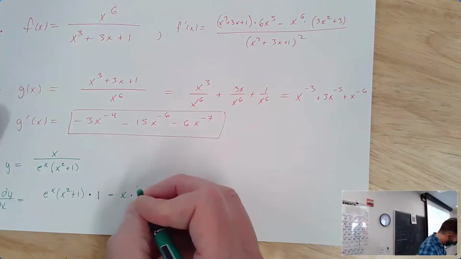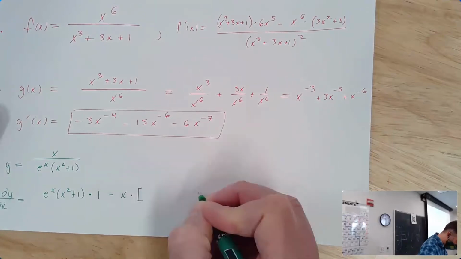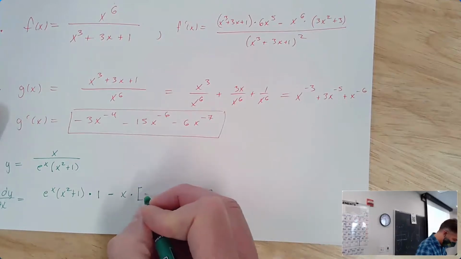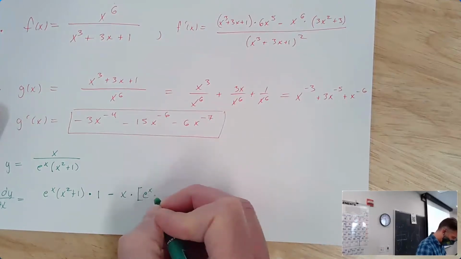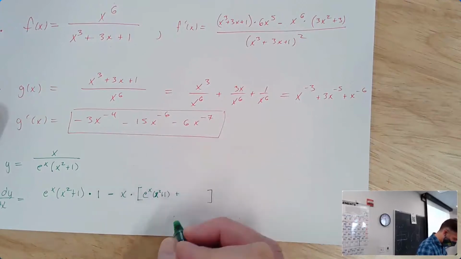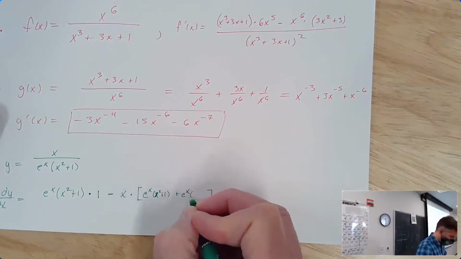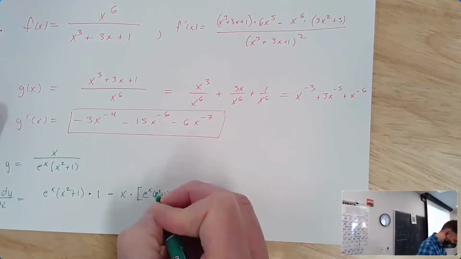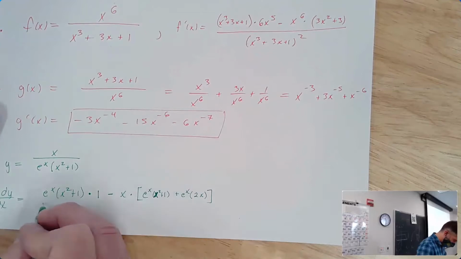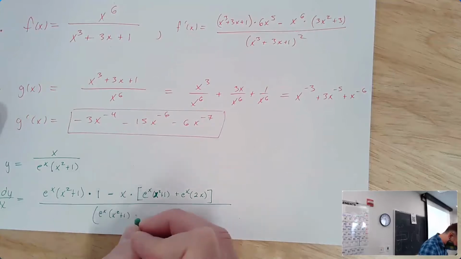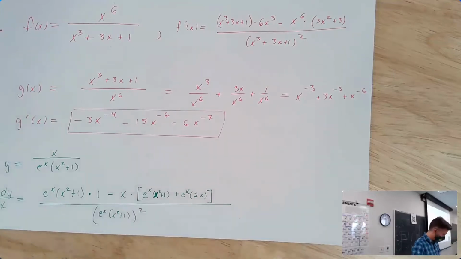So it's going to be the derivative of e to the x, which is e to the x, times x squared plus 1, plus e to the x, not derivative, times the derivative of x squared plus 1, which is 2x. All divided by e to the x times x squared plus 1 quantity squared.